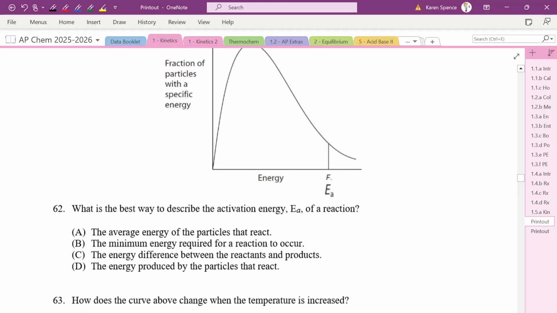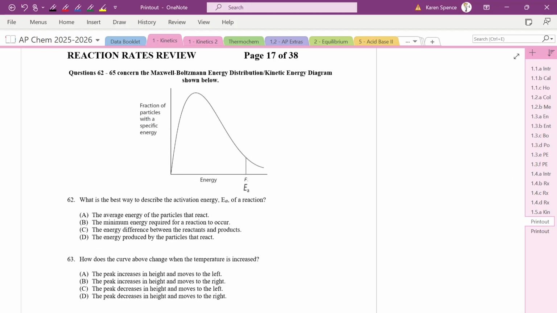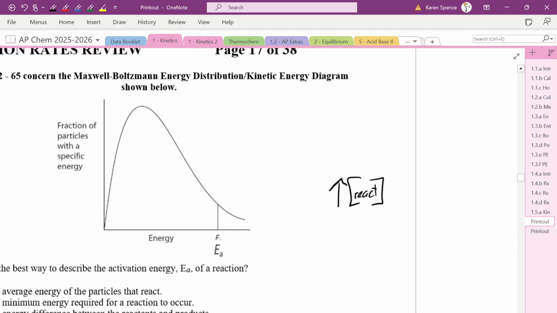So here we have our diagram. And 64 says, what happens if we increase the concentration of the reactant? Our most probable temperature should stay the same.